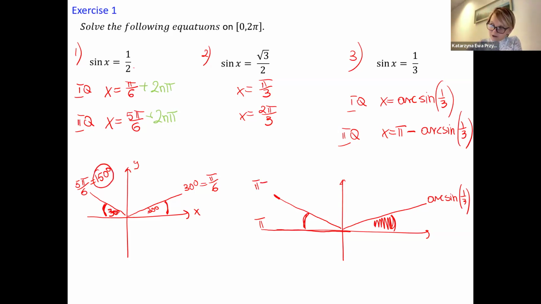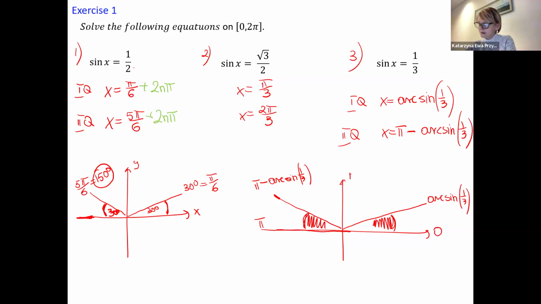That distance is 30, and 180 minus 30 is 150. But we can do the calculation here. We cannot really do it on example number 3. That means this one will be arc sine of 1/3 subtracted from pi. Because this is the same distance, we can see how nicely everything is symmetric and easy to calculate.